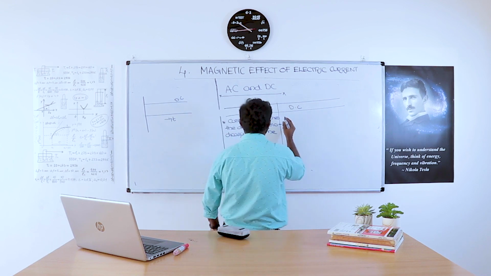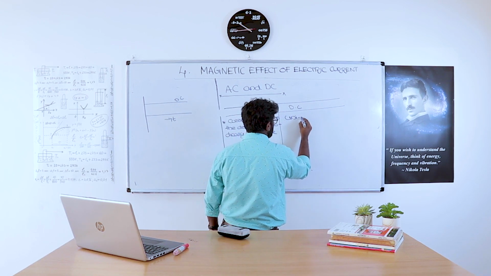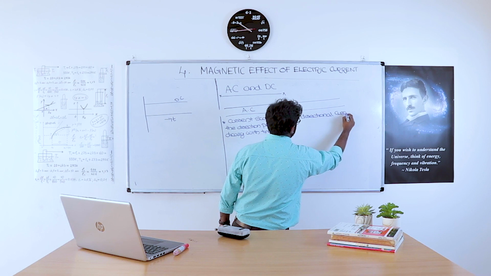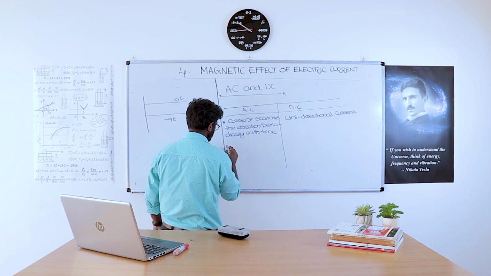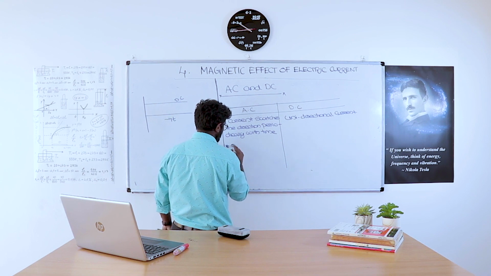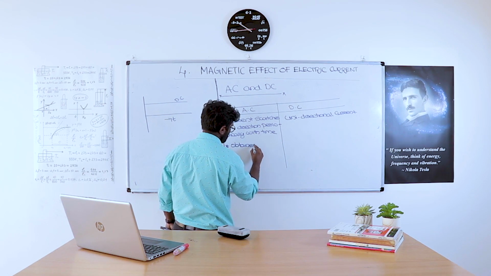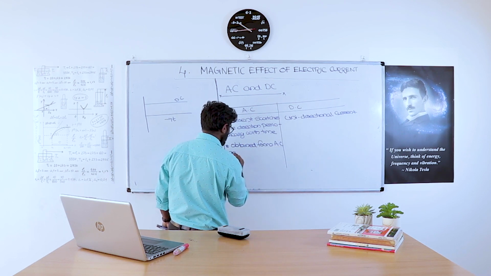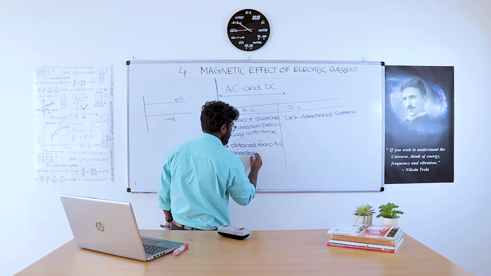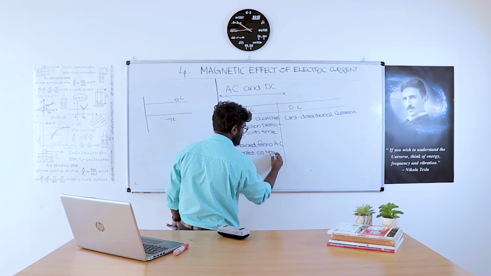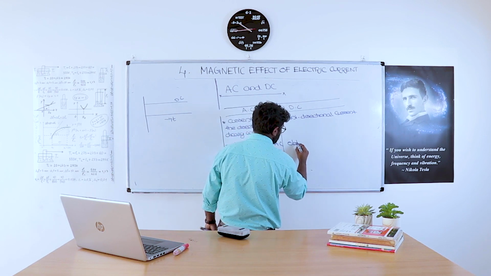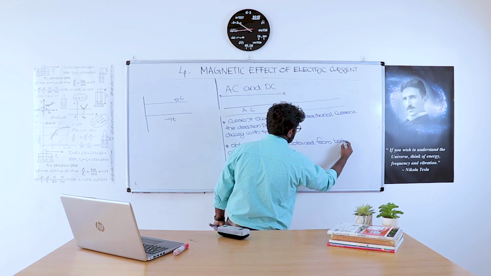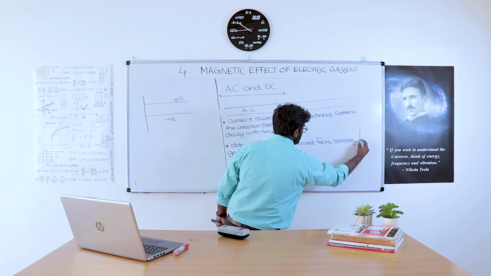Next, DC is unidirectional current. AC is obtained from an AC generator or from mains. DC is obtained from a battery or from a cell.